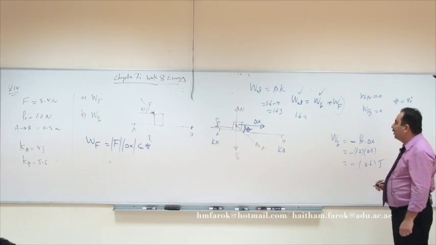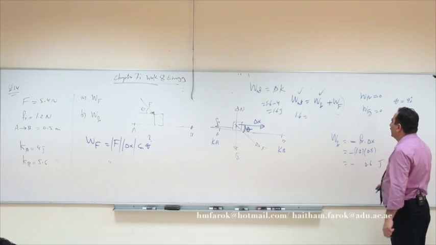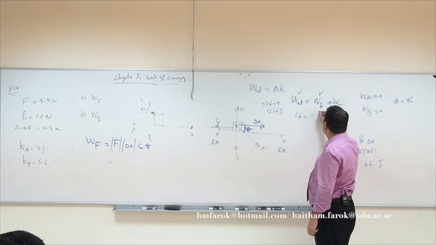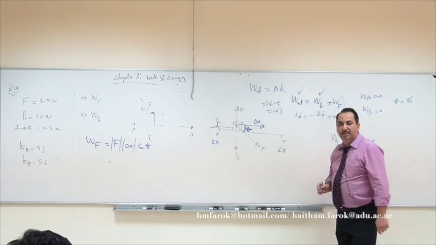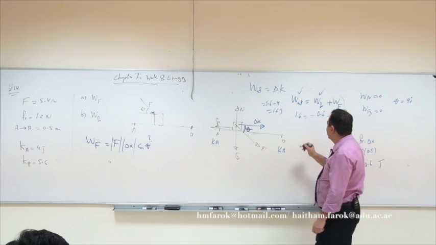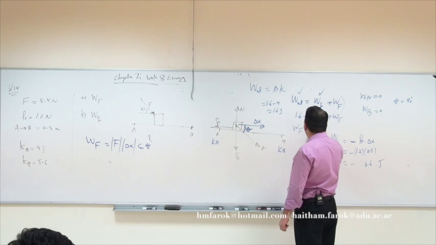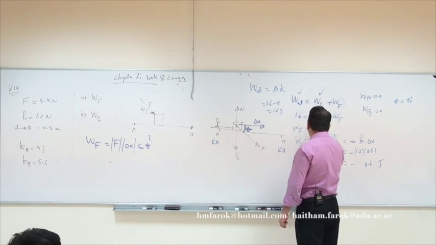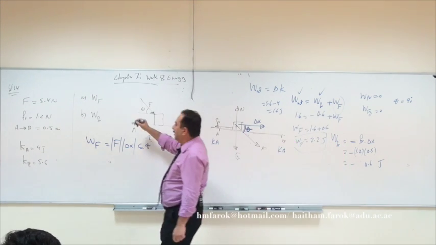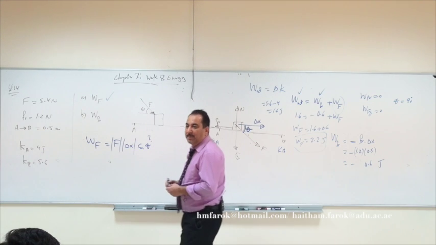Joules. So now this is minus 0.6 joules, and then you can find WF. WF, 1.6 plus 0.6 now, 2.2 joules. So this is the answer for part A, work done by applied force.